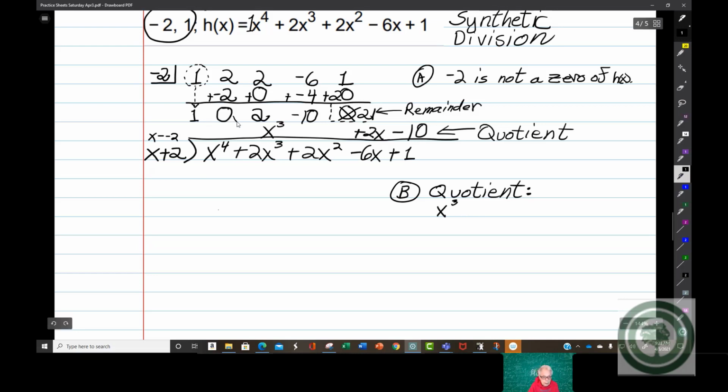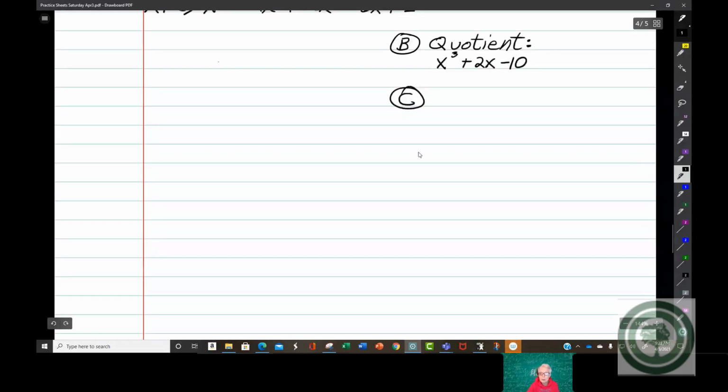This is your x squared term, but it's got a 0 in front of it. This is x to the third plus 0x squared plus 2x minus 10. So x to the third plus 2x minus 10 is the quotient, and C, the remainder, is 21.